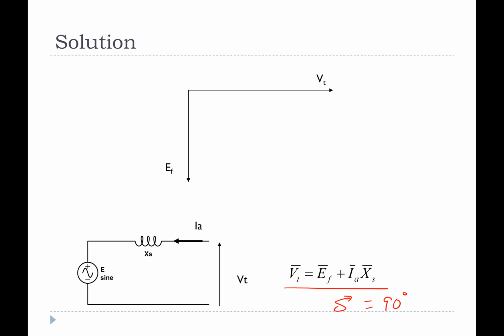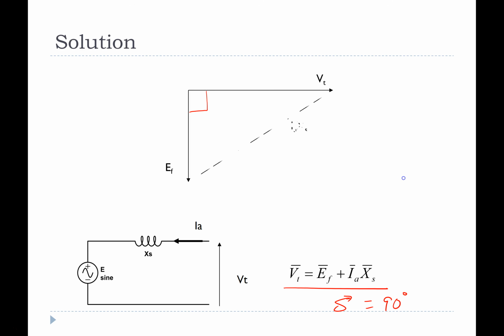Now, does EF go at positive or negative 90 degrees? Here I've drawn it at negative 90 degrees. It's simply because we have a motor, so the power angle will be negative. The electrical system is pulling along the mechanical system. So VT, which is the electrical vector, the magnetic flux associated with the electrical side, will be ahead of the magnetic flux associated with the mechanical side, the stator side and the rotor side.